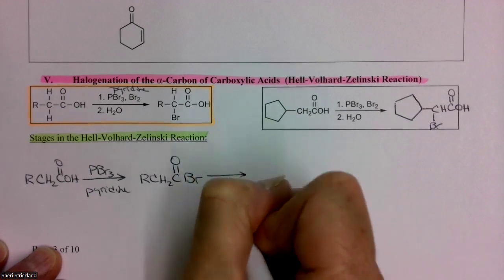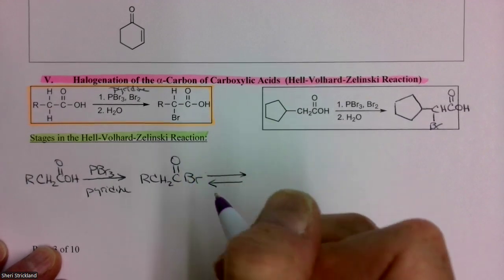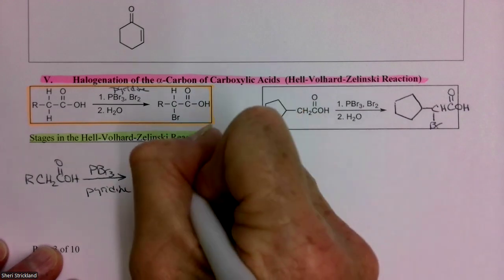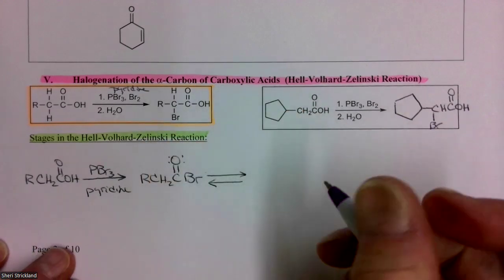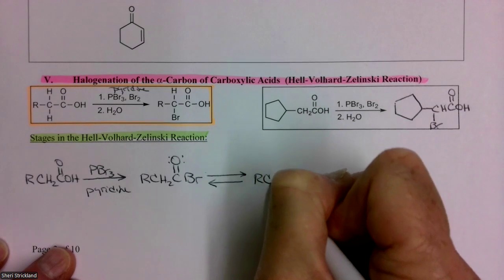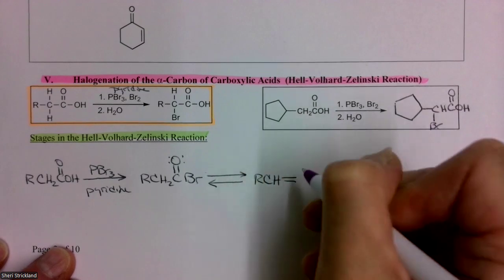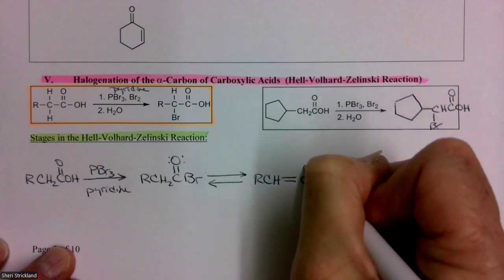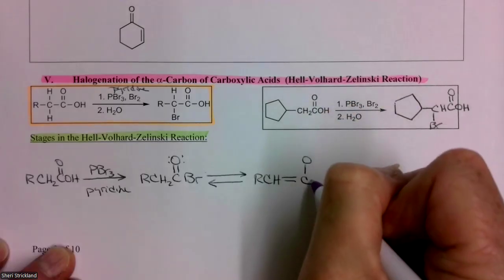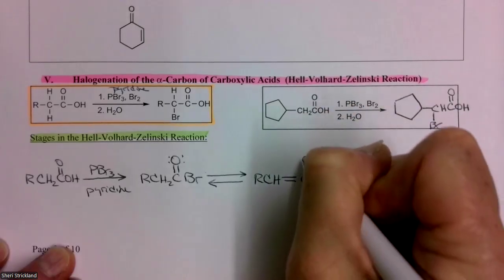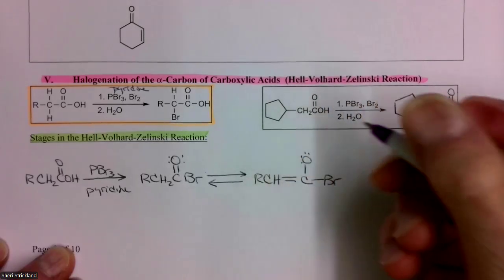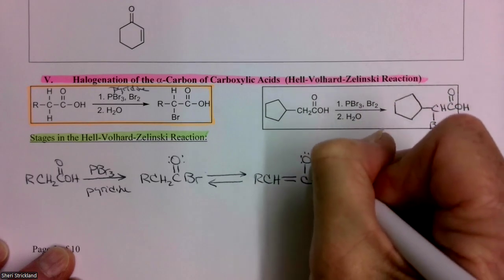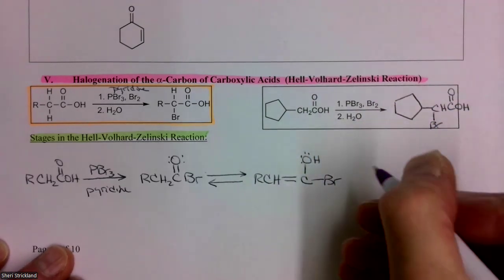Now, this acyl bromide will undergo tautomerization. And now we've got a bromine and a hydroxyl group connected to that same carbon.